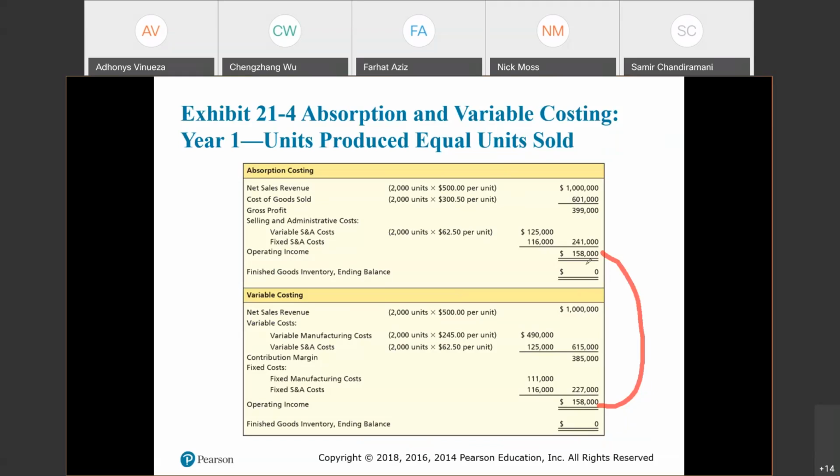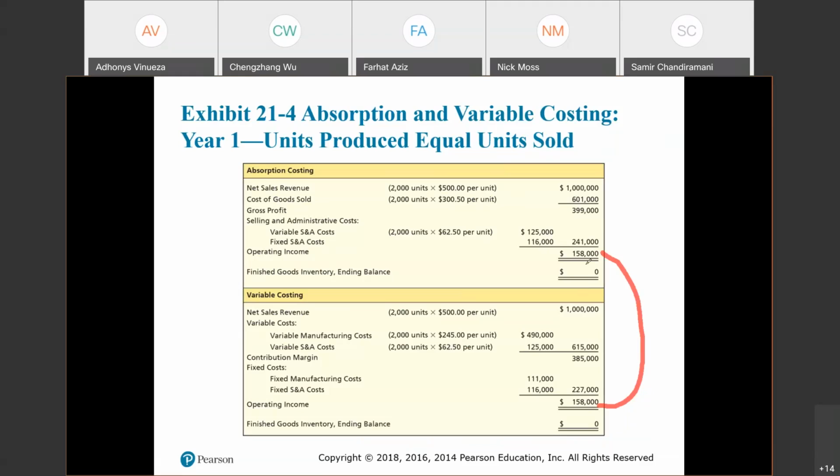Finally, we get the variable cost is $15,000. So we use 1 million minus this amount. We get the contribution margin, which is $385,000.